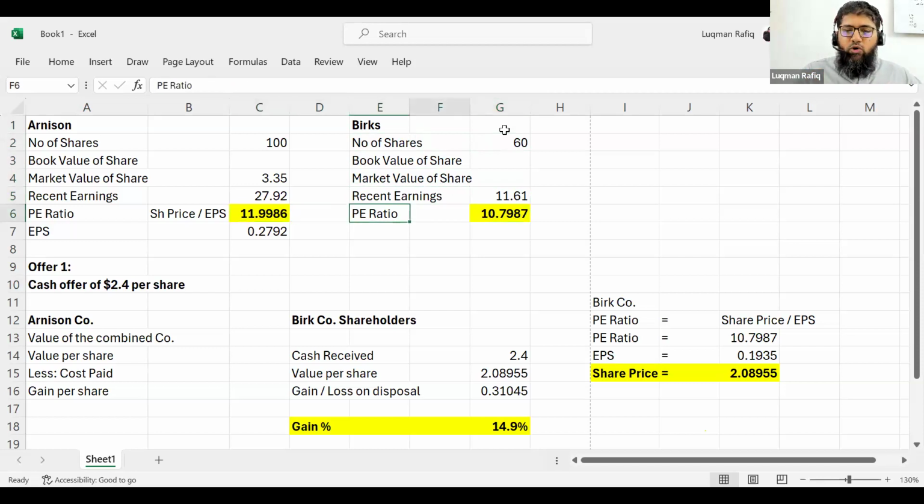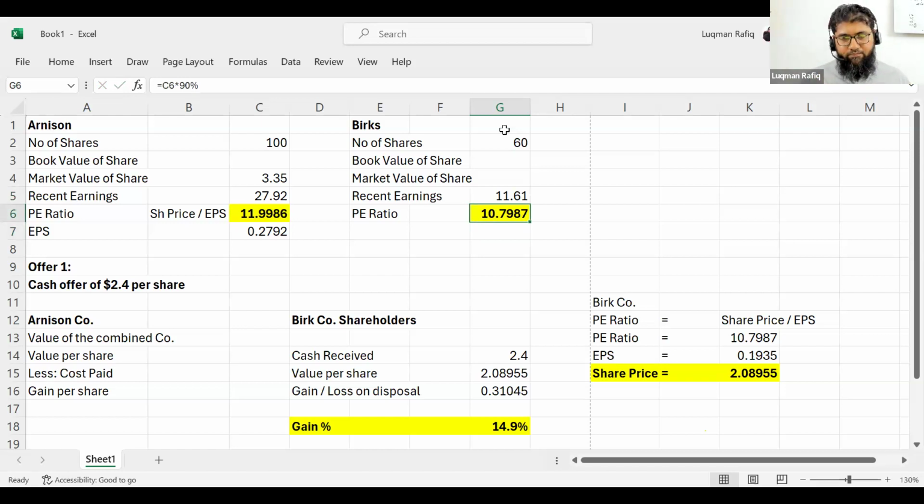So we used Arnison's price earning ratio and multiplied it by 90%, saying that this is 90% of the previous. So we got 10.7987 as the PE ratio of Burke company.